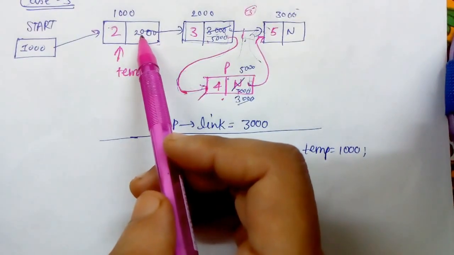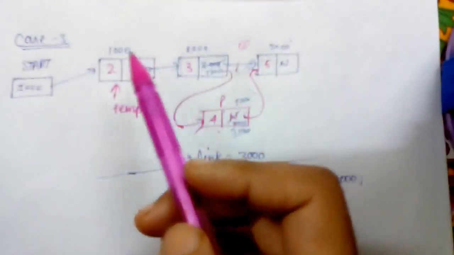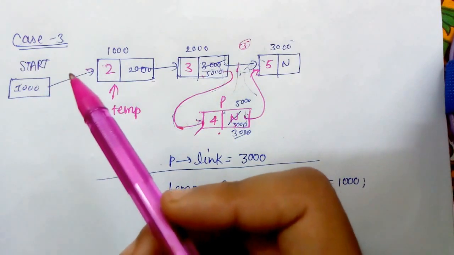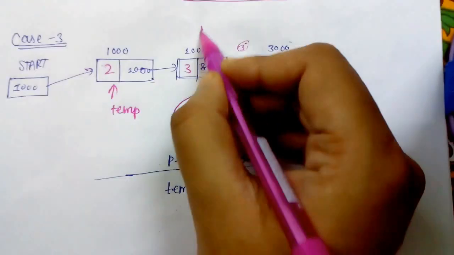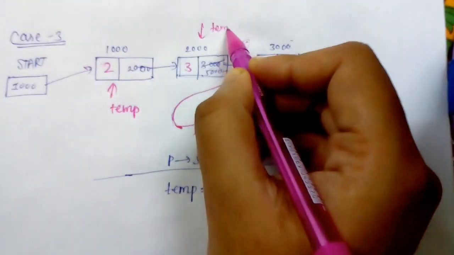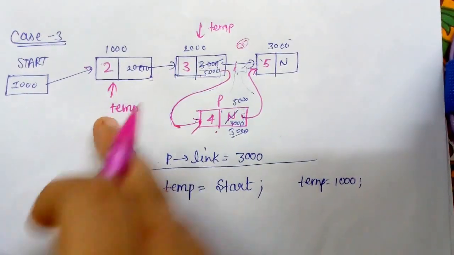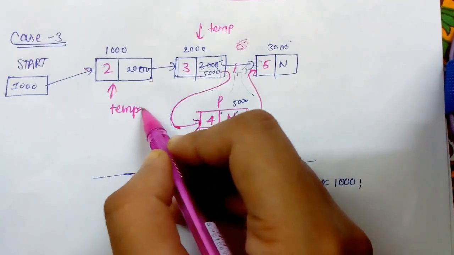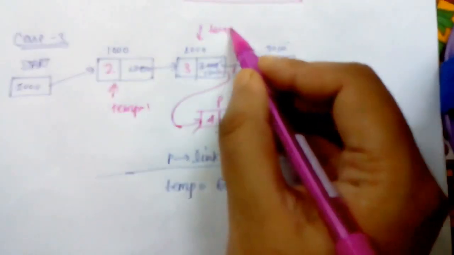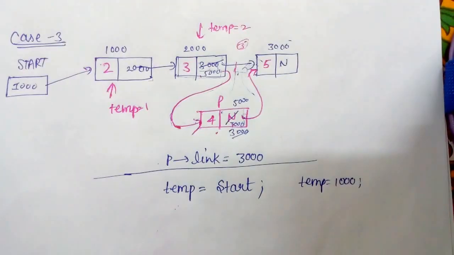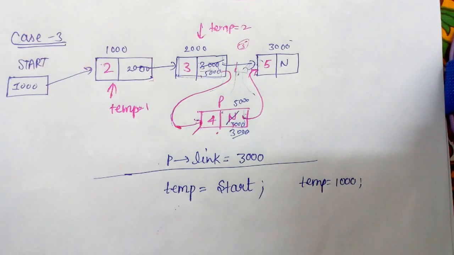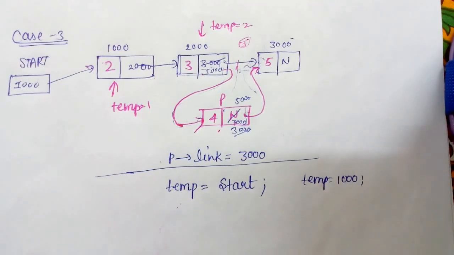So where do I have to place the temp? Of course at this node I want to place the temp. Temp is now pointing at the first node, and I want to place temp at the second node. It means only one time I want to execute the temp, only one time.